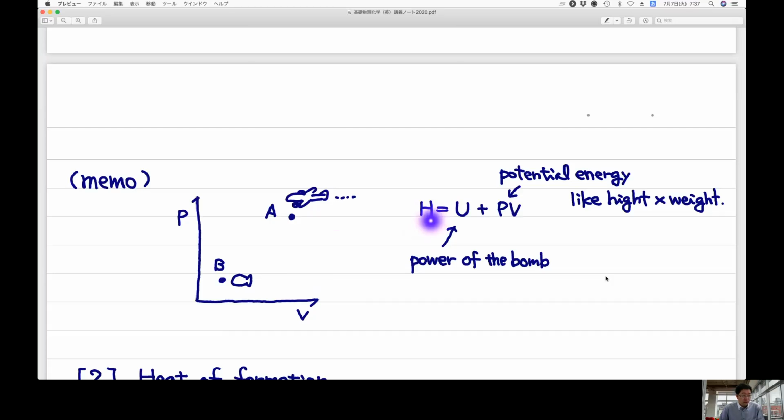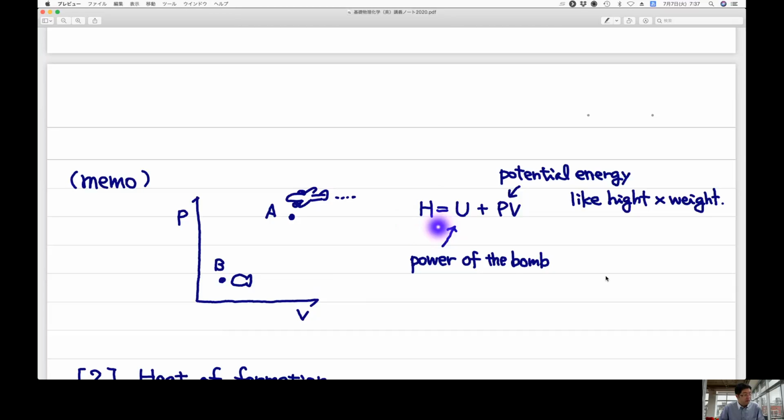Okay, so enthalpy is almost the same thing. The internal energy is a kind of power of the bomb, and PV means the potential energy, like height times weight. So if you want to discuss the reactivity of the system, we need to use this kind of thing, enthalpy.